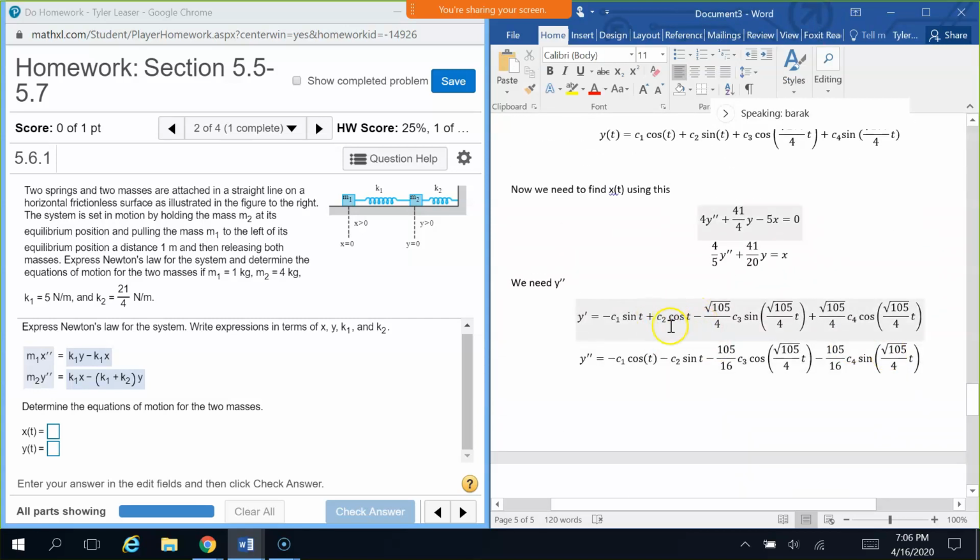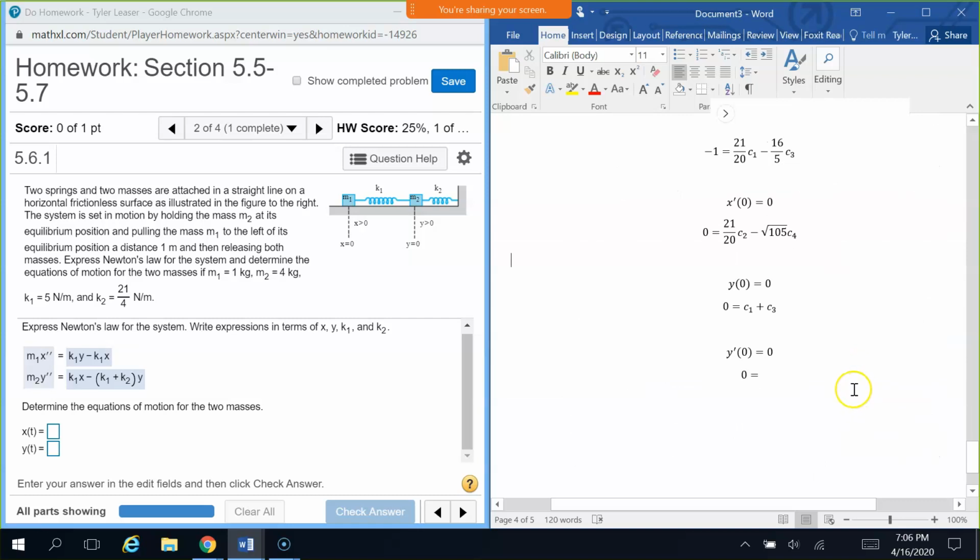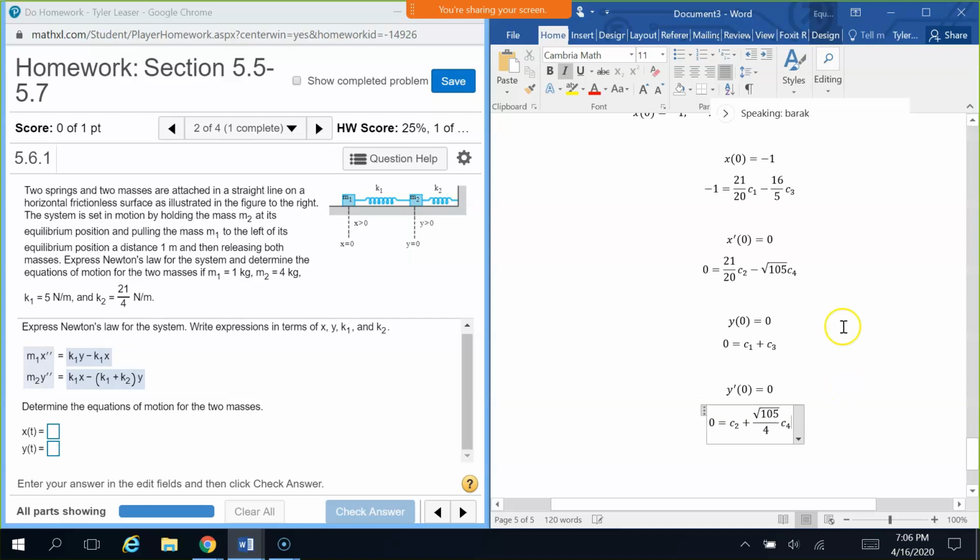I'm going to get a C2 plus square root 105 over 4 C4. So I have these 4 different equations to solve for my C1, C2, C3, and C4. Great. And now we just do it.